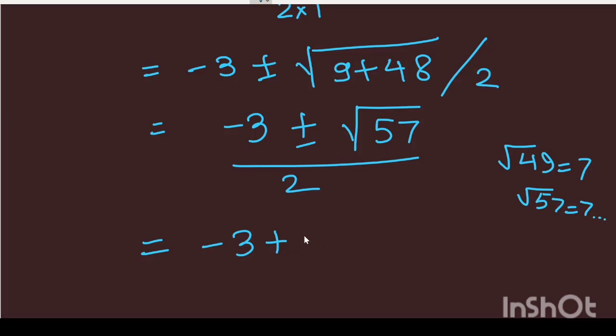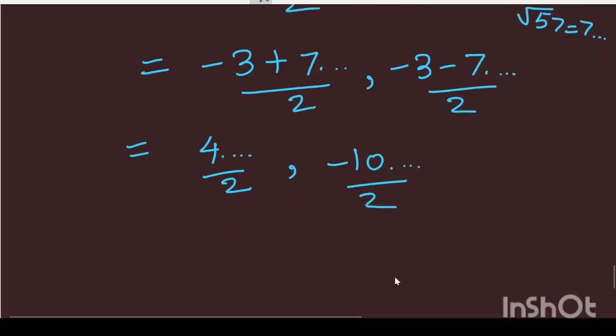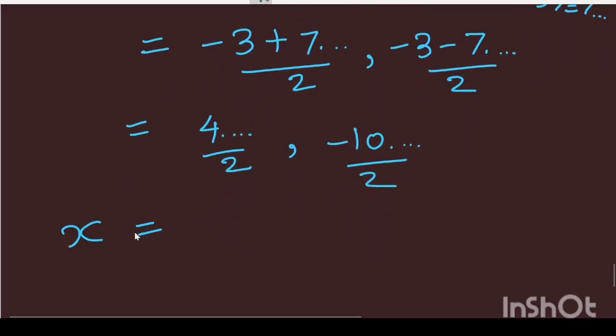So plus 7 point something by 2, minus 3 minus 7 point something upon 2. Okay, so this becomes 4 point something upon 2, minus 10 point something upon 2. This becomes x, we will get 2 point something and minus 5 point something, which is lesser than minus 5.